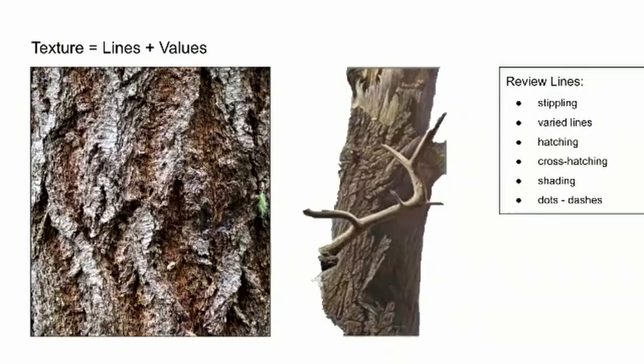Hatching is when the lines all go in one direction. Cross hatching when you go in the other direction. And then of course shading, when you're layering the graphite to get the depth of darkness or lightness that you want. And then dots and dashes. And there will be other things that you can do with your mighty pencil.